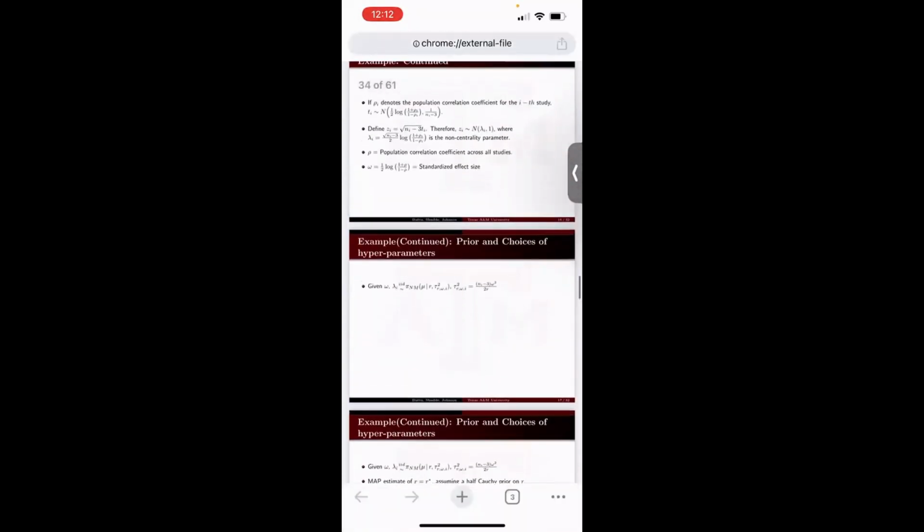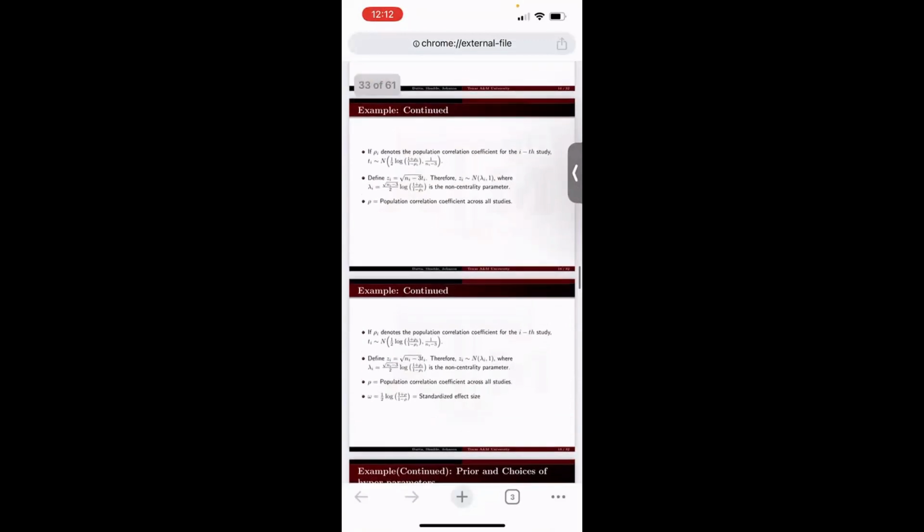So you assume that your sample size is large. Yes, we have marginal samples. When you have replicated studies, usually you accumulate the sample size across replications.